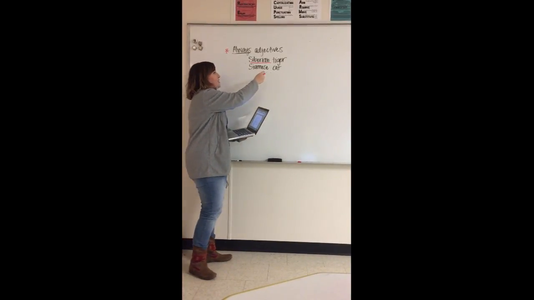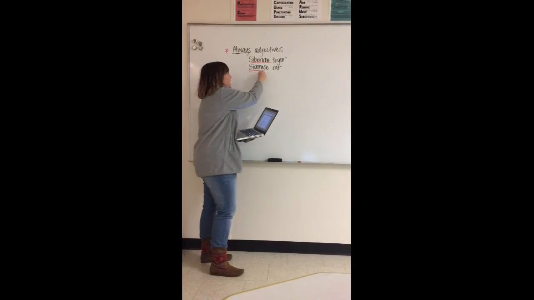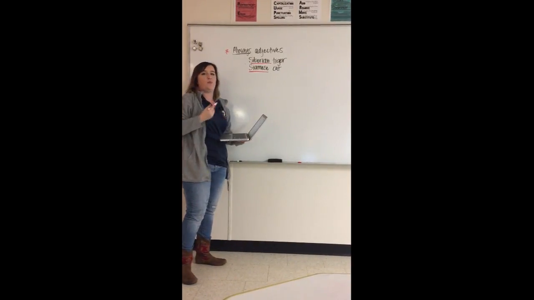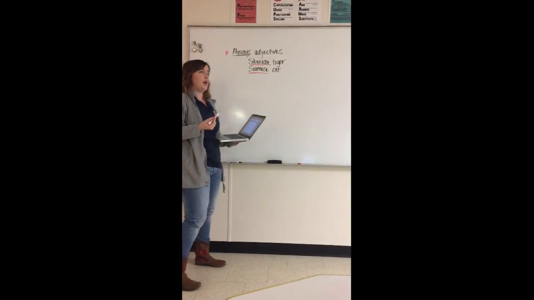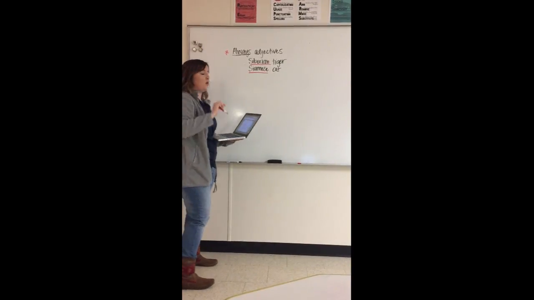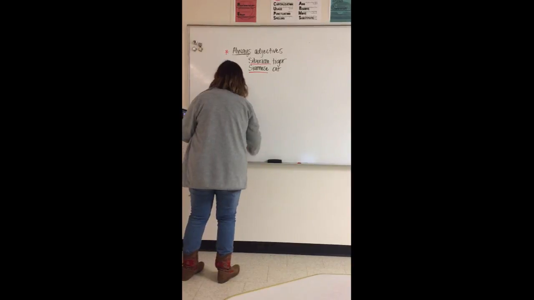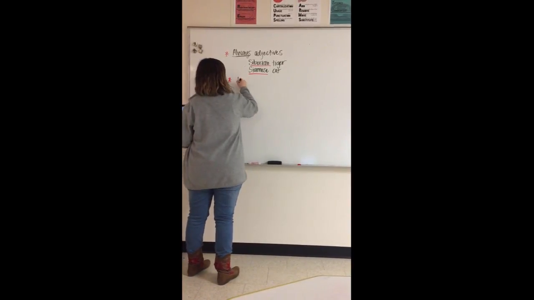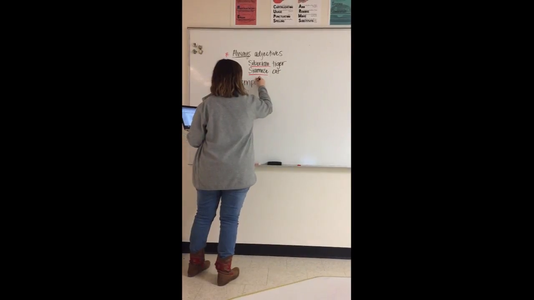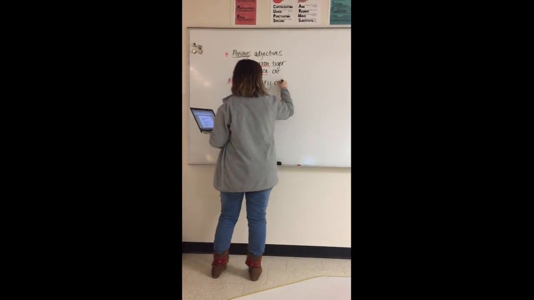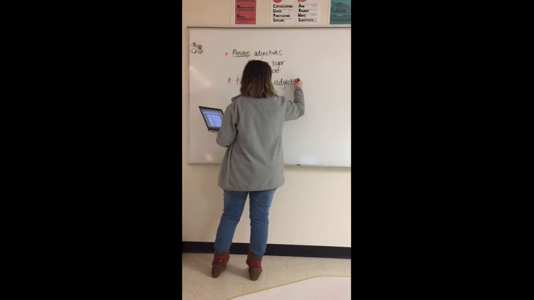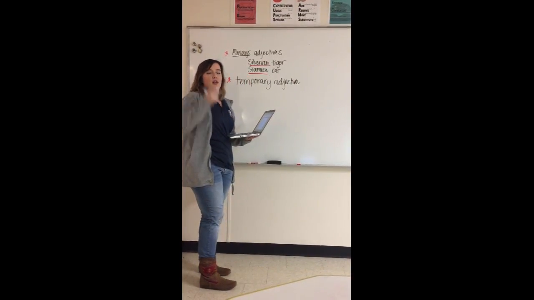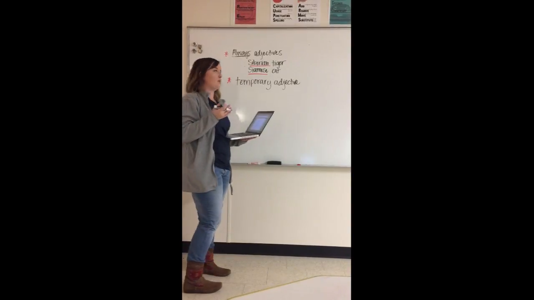Okay, and cat. What kind of cat is it? A Siamese cat. So Siamese will always describe what kind of cat it is. So these are what we like to call always adjectives. And then there's something called a temporary adjective. A temporary adjective still describes a noun, but it just describes it in a temporary state.